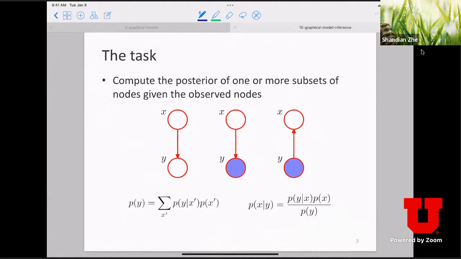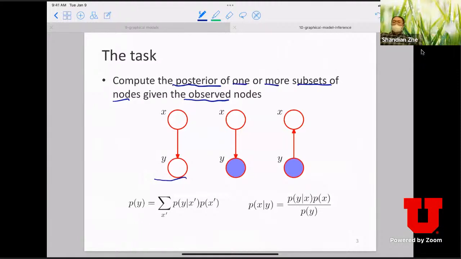We want to compute the posterior of one or more subsets of nodes given the observed nodes in this graphic model. So, for example, given this graphic model X and Y. In practice, we have that model, and we also have observed data.